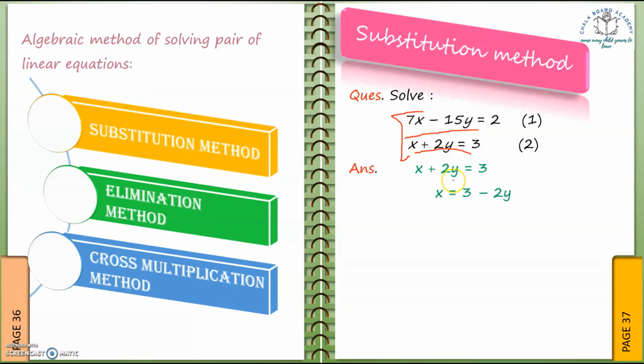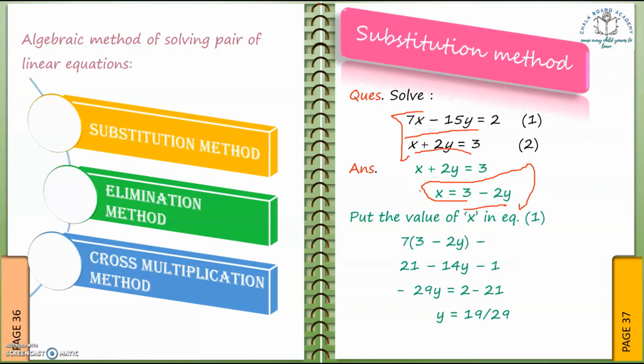So here x plus 2y is equal to 3, so I got x is equal to 3 minus 2y. Now because I have taken this value from equation 2, I have to put this value in equation 1. So I am putting this value of x in equation 1 to get 7 multiplied by (3 minus 2y) minus 15y is equal to 2, and thereafter after solving this I get the answer y is equal to 19 by 29.